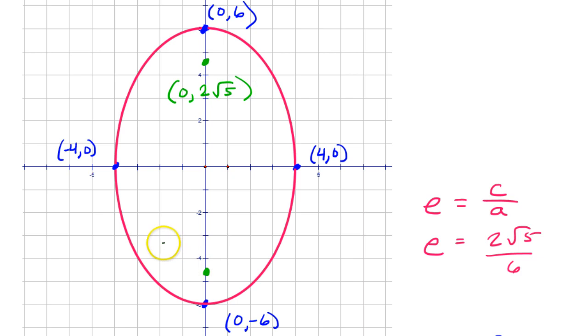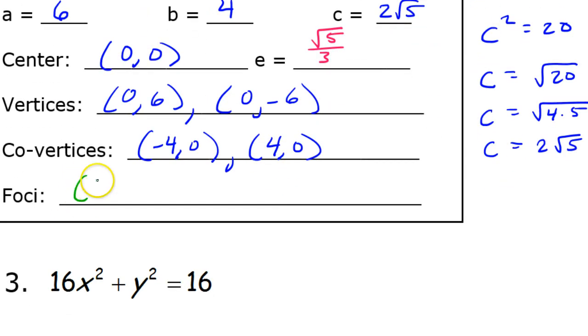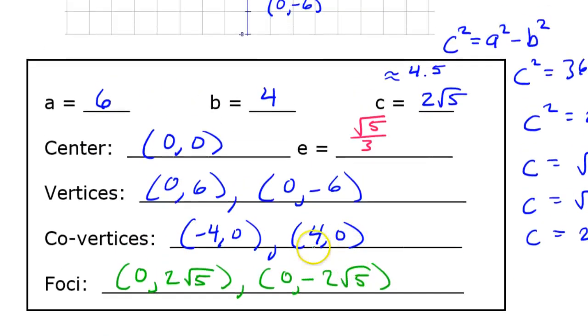And this one is going to be 0, -2 radical 5. So these are the foci. And that is how you graph an ellipse.